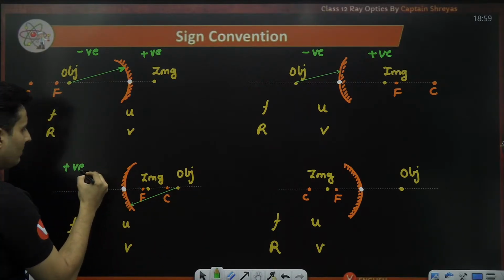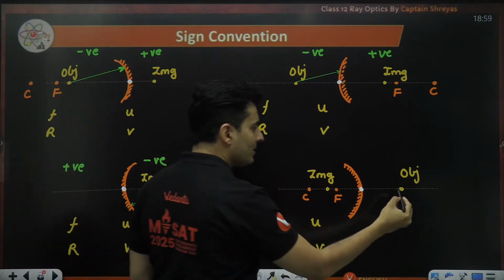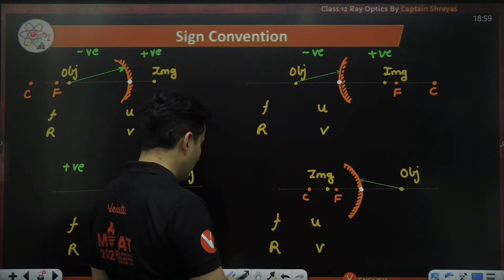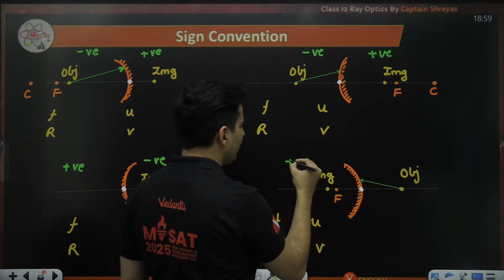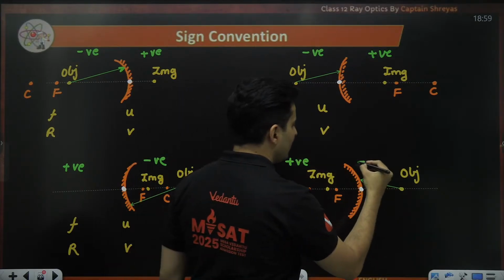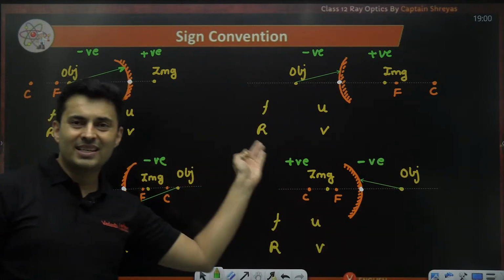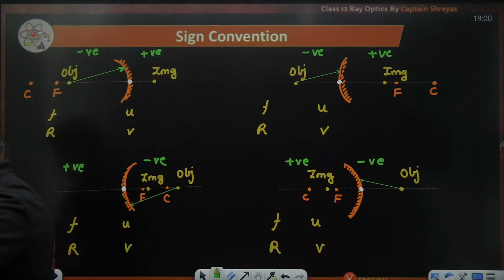So this side will be positive, this side will be negative. In this scenario, the object is here. The ray will come and hit the reflecting surface before being reflected back, pointing towards this side. So this side will be positive and obviously this side will be negative. So first, which side is positive and which side is negative is clear. Everybody till this point? Okay.